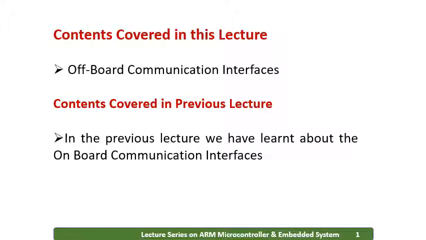In that video we learned in detail about the onboard interfaces, which are required when all the devices are connected on a single PCB or a single board, and when we try to interlink the systems, at that time we need to use the communication interfaces.